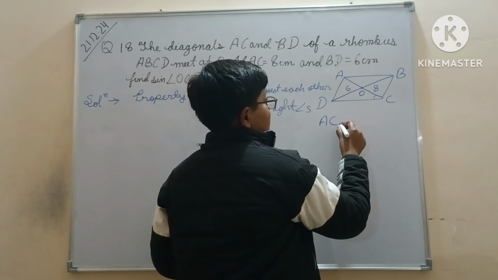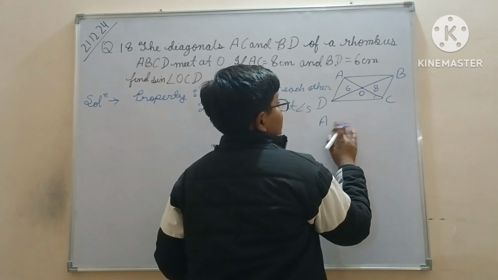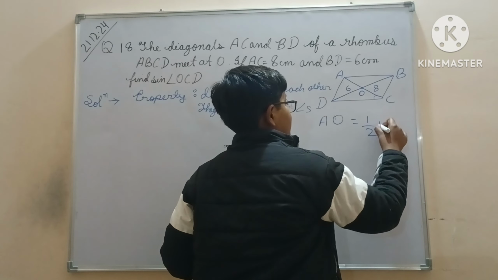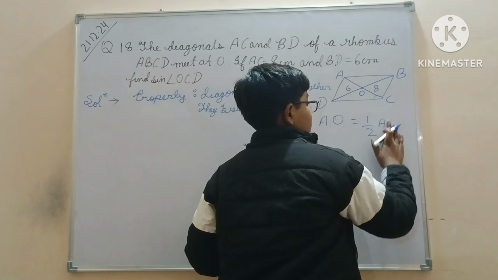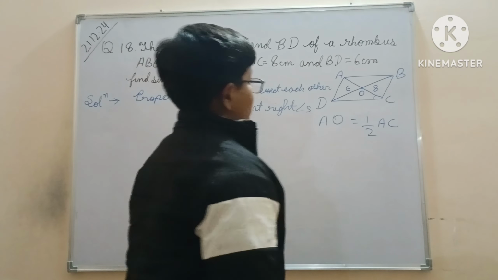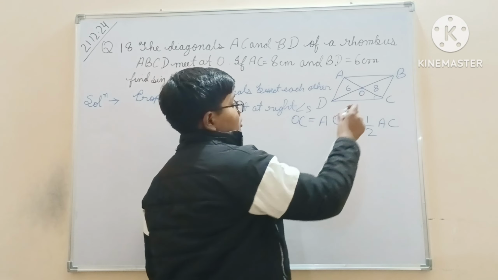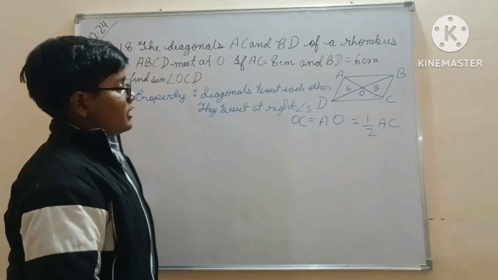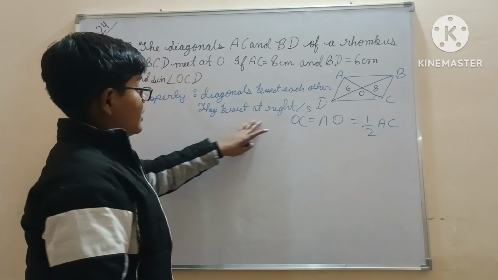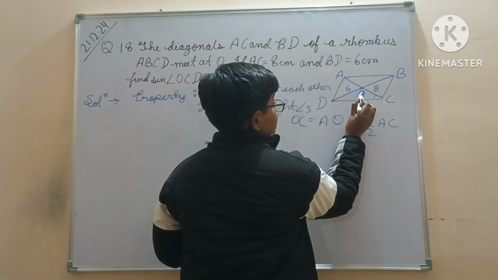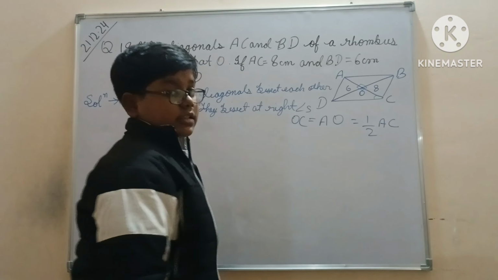So AO is equal to half of AC. This line BD is bisecting the line AC and the line AC is bisecting the line BD. The second property is that they bisect at right angles, which means this angle, this angle, this angle and this angle are all 90 degrees.